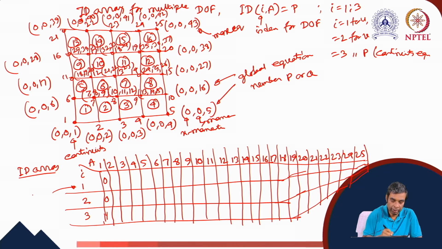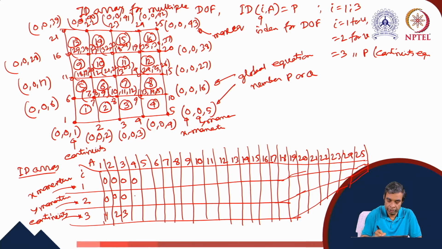So the first one is for the x momentum equation, the second is for the y momentum equation, and the third is for the continuity equation. So the next is 0, 0, 2, next is 0, 0, 3, 0, 0, 4, 0, 0, 5. For the sixth, it is 0, 0, 6.